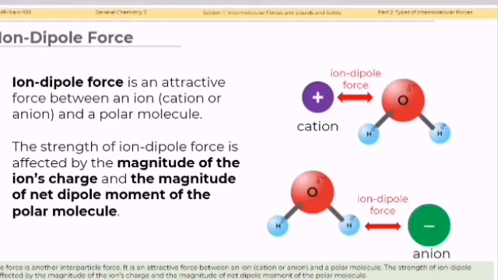Ion-dipole force is another interparticle force. It is an attractive force between an ion, which can be a cation or an anion, and a polar molecule. The strength of ion-dipole force is affected by the magnitude of the ion's charge and the magnitude of the net dipole moment of the polar molecule.